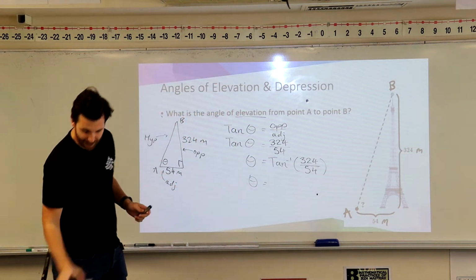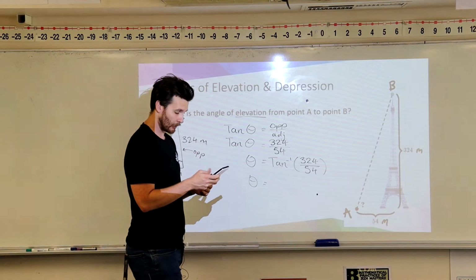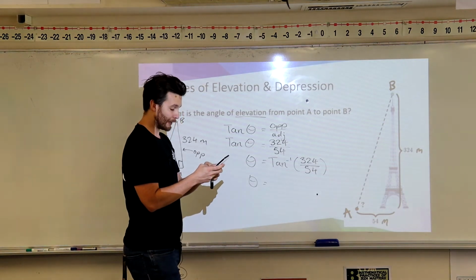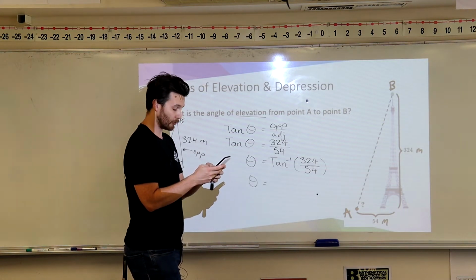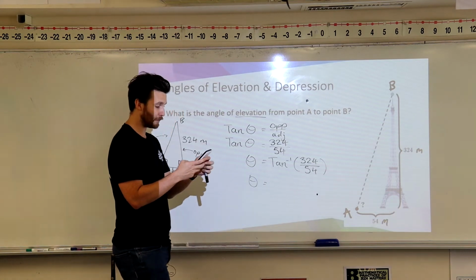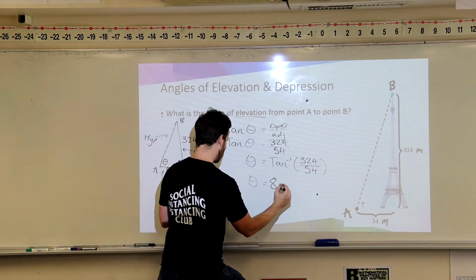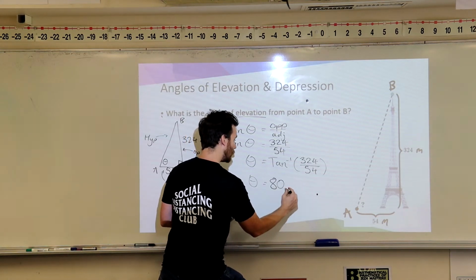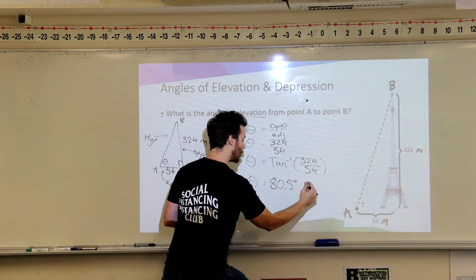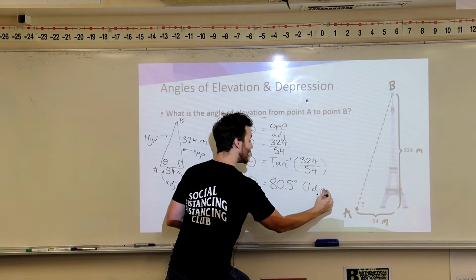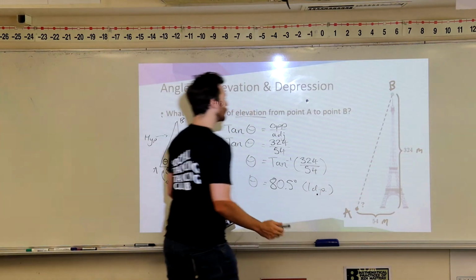A little reminder for this one, you'd need to hit Shift tan, and then it'll often open a bracket for you, but if it doesn't, do that yourself. 324 divided by 54, which should give you 80.5 degrees, and I'll say that I've rounded it to 1 decimal place.